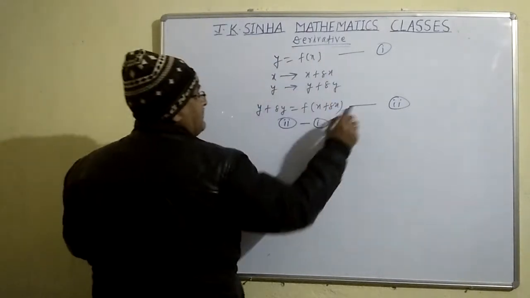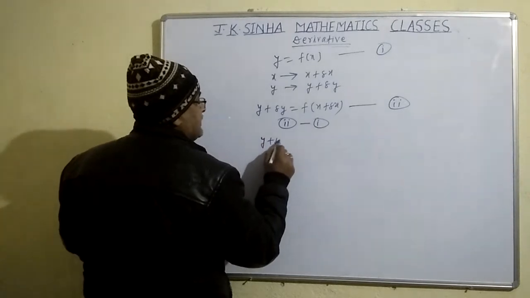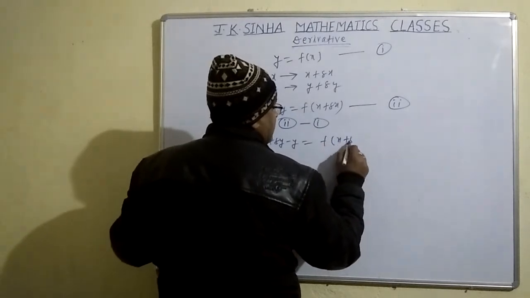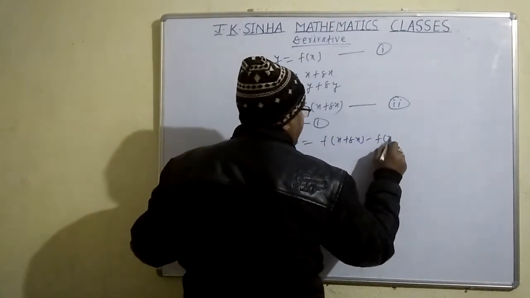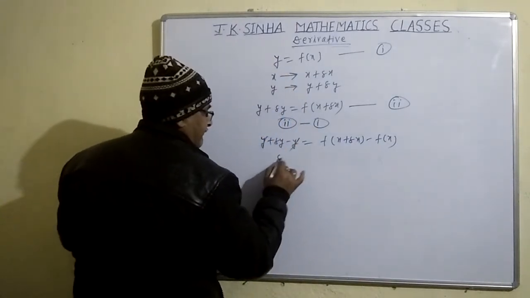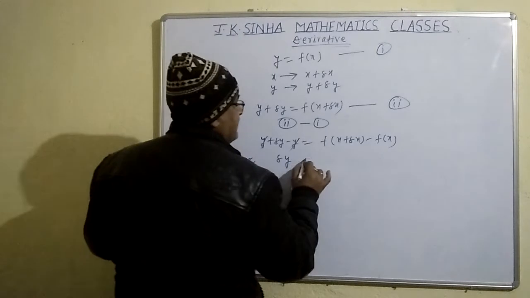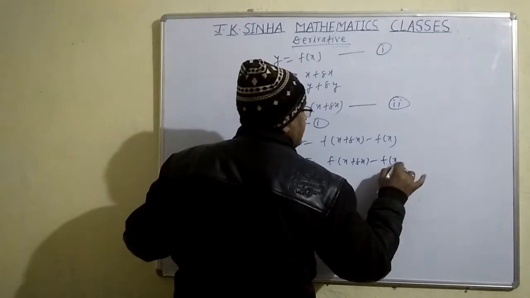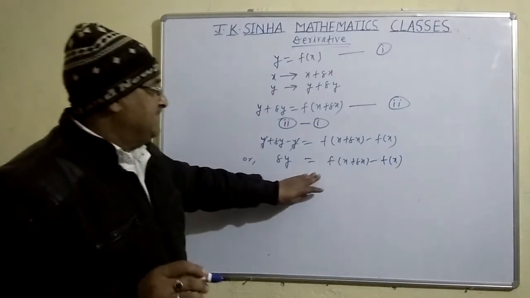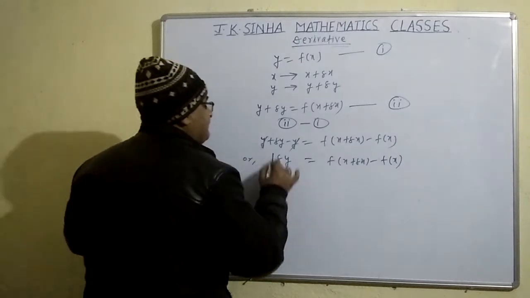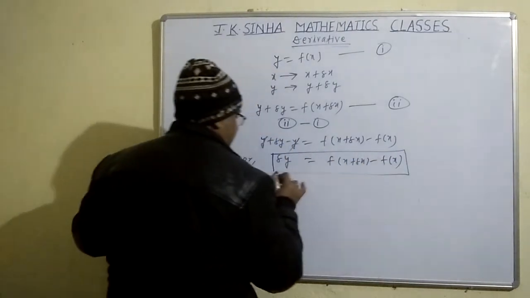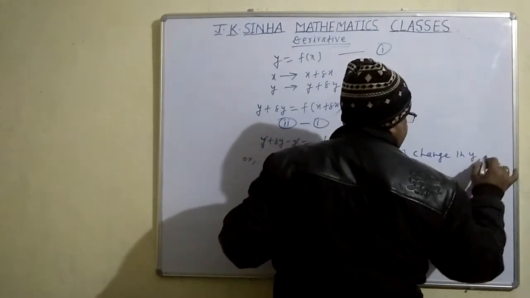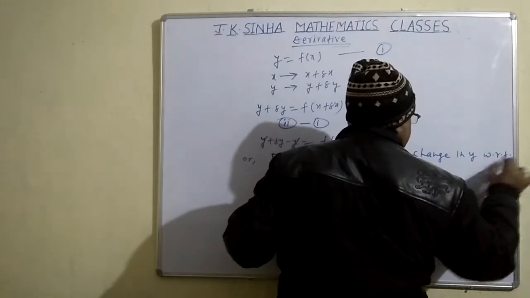When we subtract first from second, we get y plus del y minus y equal to f of x plus del x minus f of x, or del y equal to f of x plus del x minus f of x. This is the change in y with respect to x.